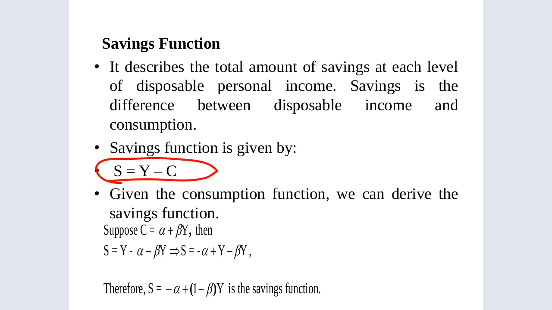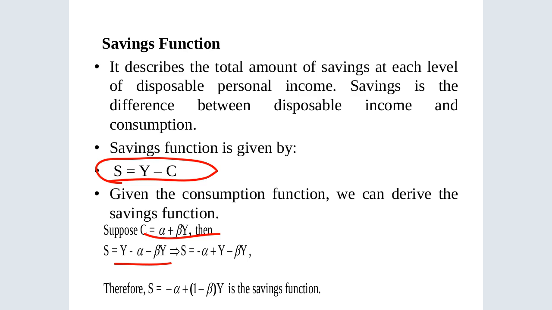Then the savings function I've said is simply the difference between your income and the consumption. Now, if we have the consumption function given by this, we can generate the savings function. So the savings function is simply income minus consumption. That is y minus alpha minus beta y.